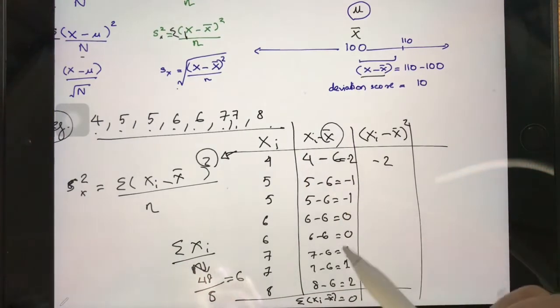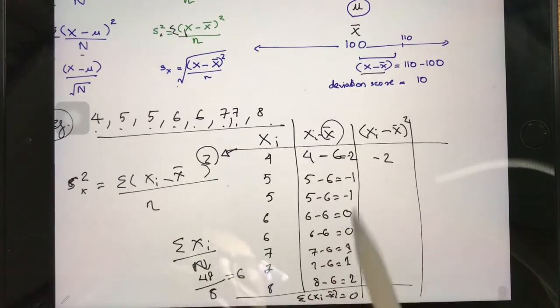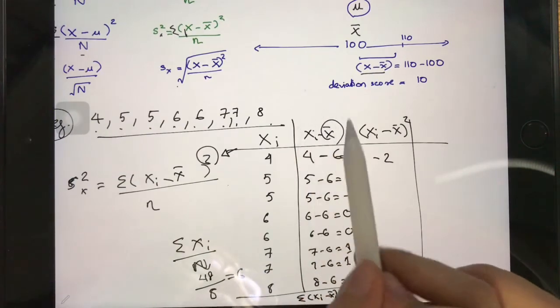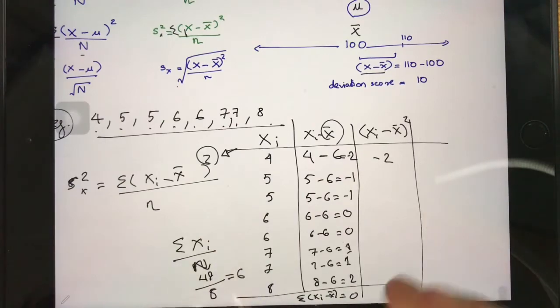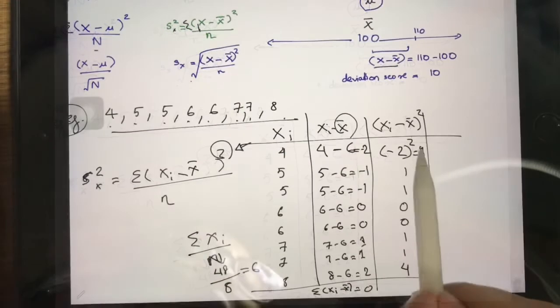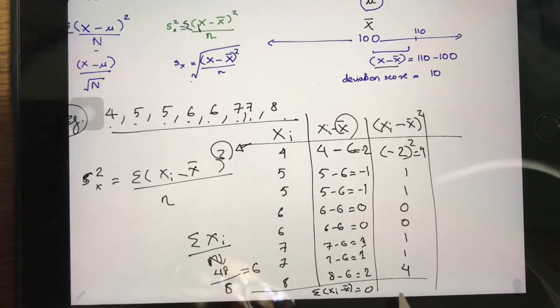I have calculated all the deviation scores away from the mean, and if I add all of these numbers up, I'll get 0. That's the reason why we cannot simply use this number to calculate the variance. We have to square them to make the 0 disappear. I square all the deviation scores, and then add them up in order to get this numerator.